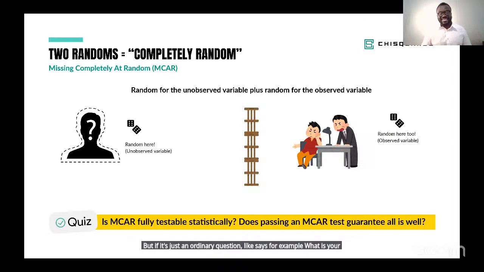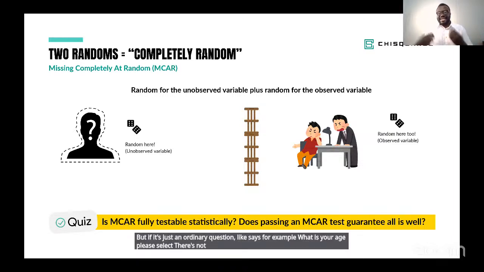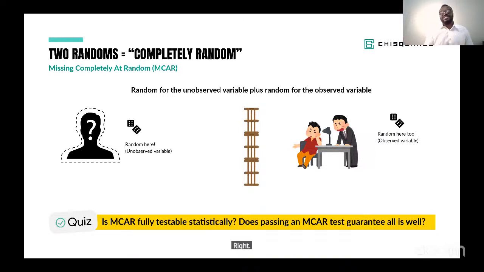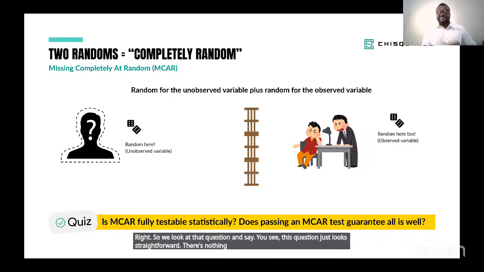Please select. There's nothing in that question that would trigger somebody not to answer it. So this question just looks straightforward. There's nothing about it that is sensitive, nothing that would have led to missingness in and of itself. If we can conclude that, we can then say that missingness is random on this side.